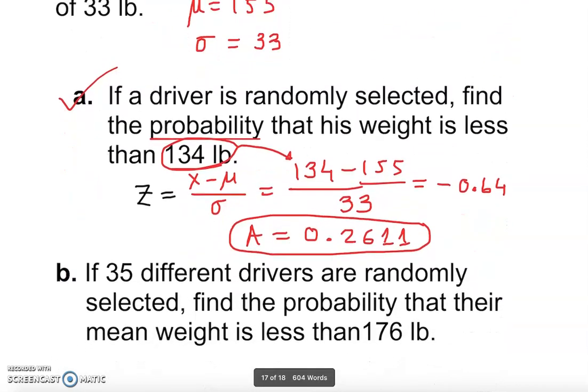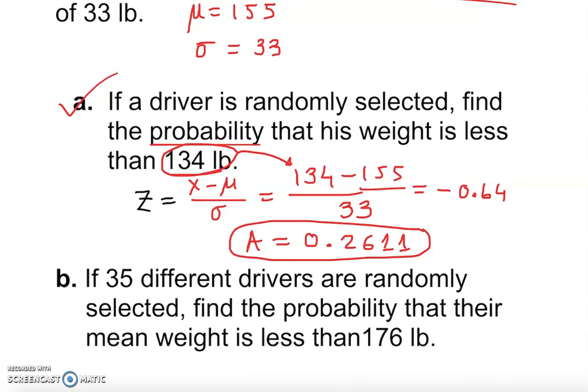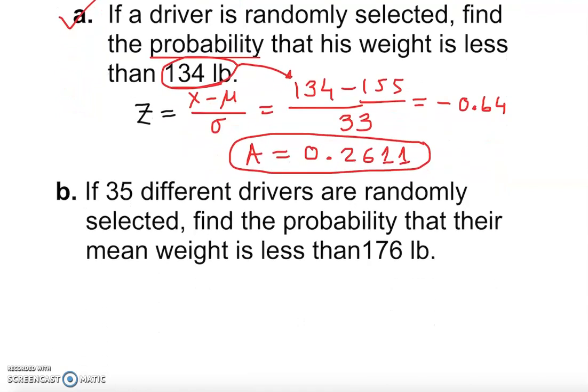Okay, now I have a second one down here. This time, I can carry down the same things from up here. What we have so far is the mean, which is 155, the standard deviation, which is 33, and this time I have 176.